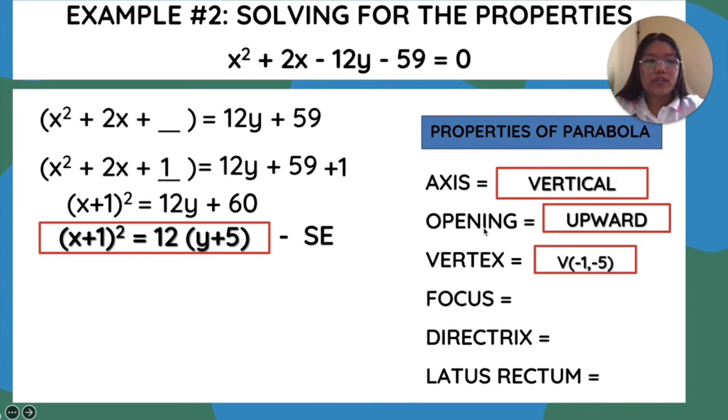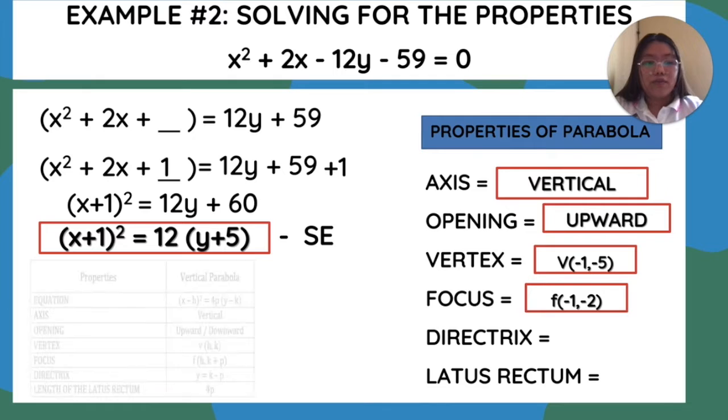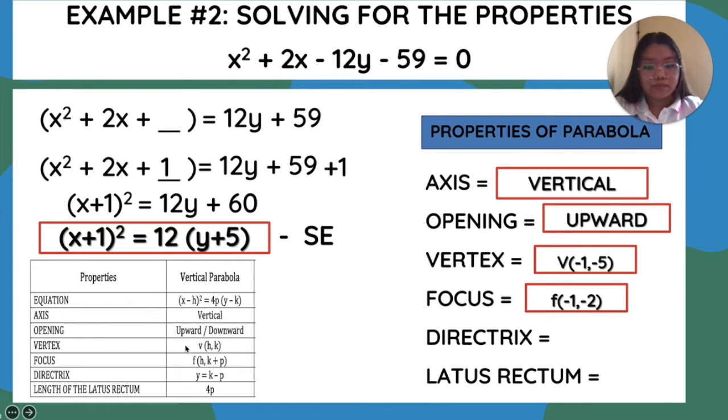For the focus, we need to base it on our formula. So the formula of the focus is here. Focus is (h, k plus p), so negative 1 is our h, and for k plus p, we need to find the p. So 12 is equal to 4p.